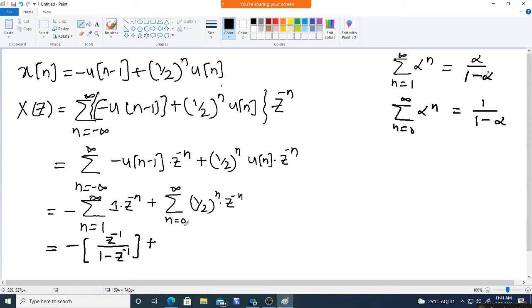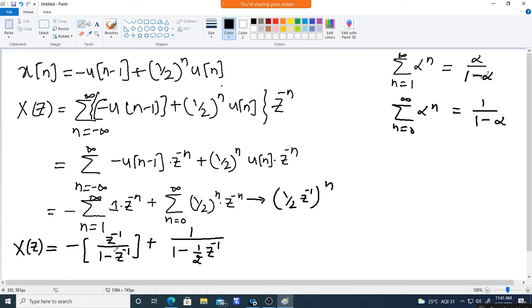Plus the second summation: 1 by 2 into z power minus 1 whole power n, which gives 1 over 1 minus 1 by 2 into z inverse. So this is your X(z).